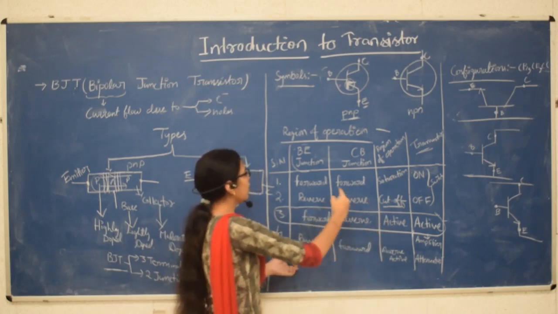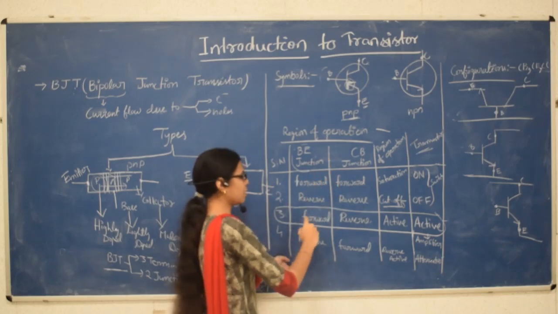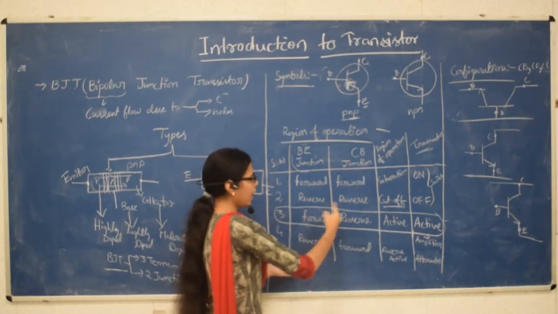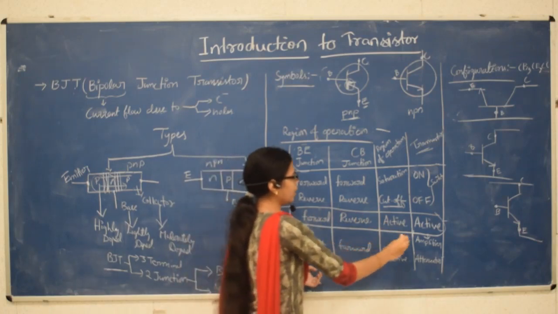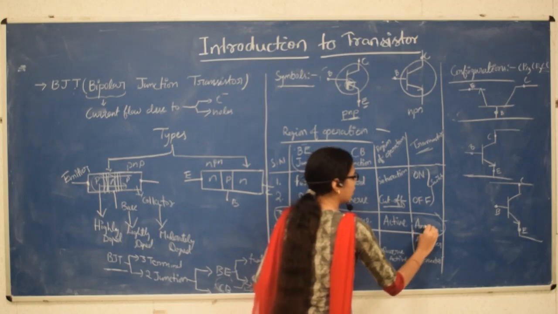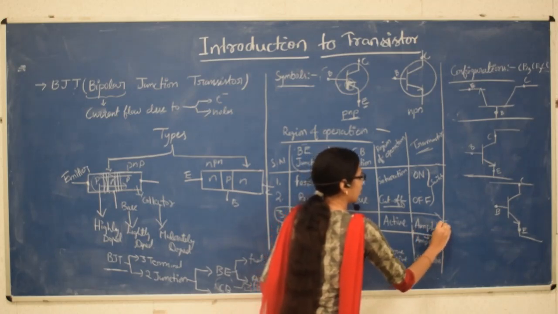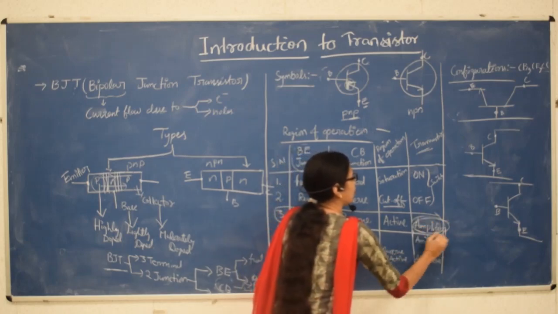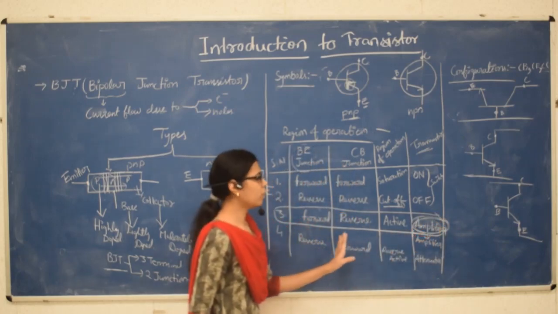That is when the base emitter junction is forward biased and the collector base junction is reverse biased. In this active region, the transistor is going to act as an amplifier. This is the most important application of the transistor.